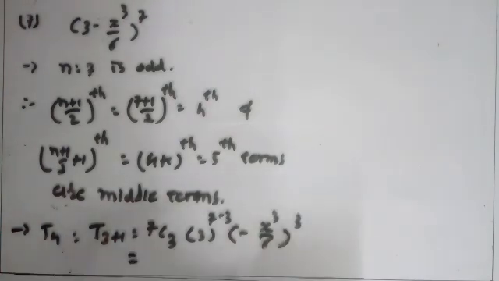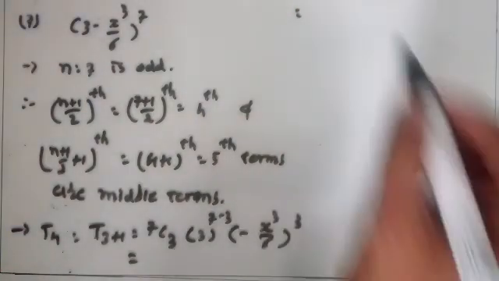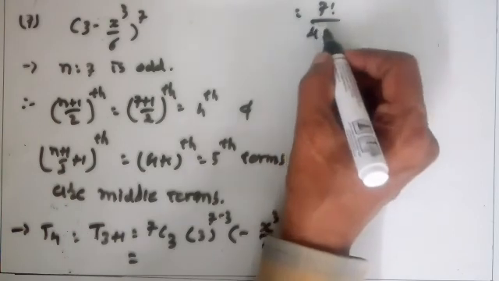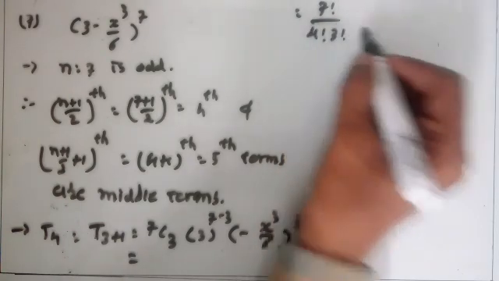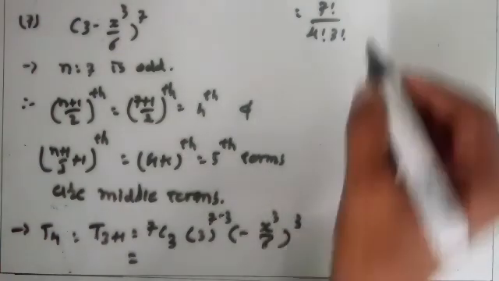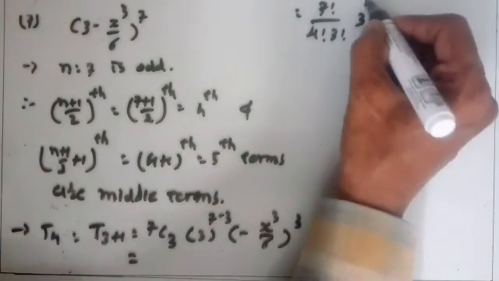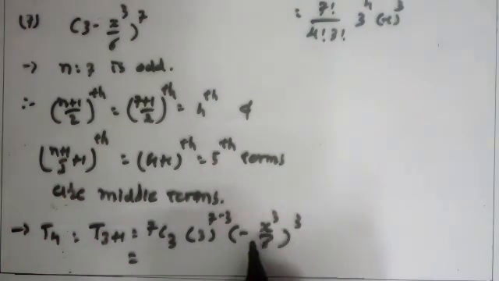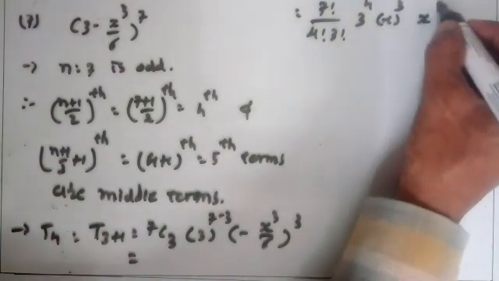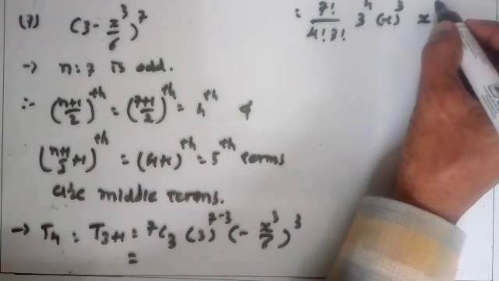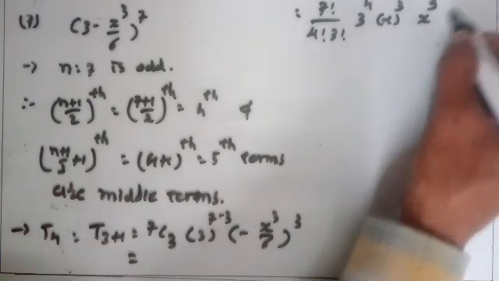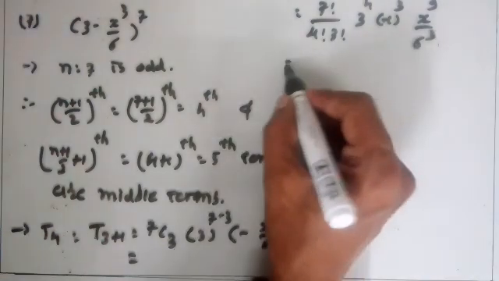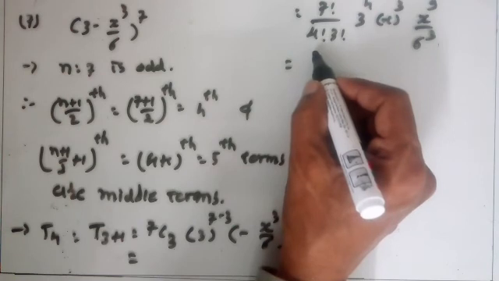Now simplify this. 7C3 is equal to 7 factorial upon 7 minus 3, that is 4 factorial, into 3 factorial, into 3 raised to 4, into minus 1 raised to 3, into x raised to 3 raised to 3, that is x raised to 9, upon 6 raised to 3.